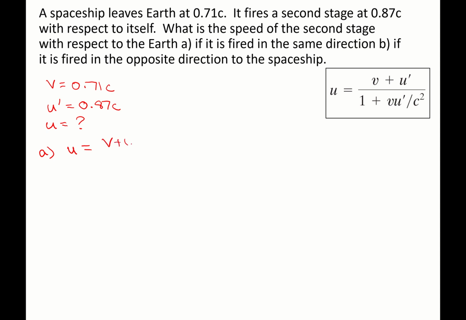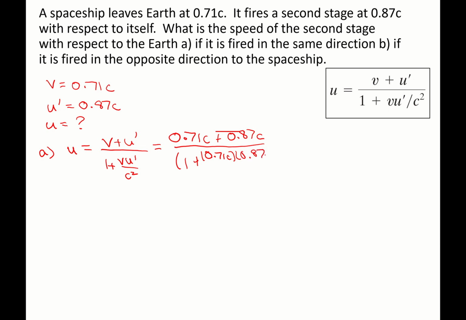So it's going to be v plus u prime over 1 plus v times u prime over c squared. So it's 0.71 c plus 0.87 c divided by 1 plus 0.71 c times 0.87 c divided by c squared.